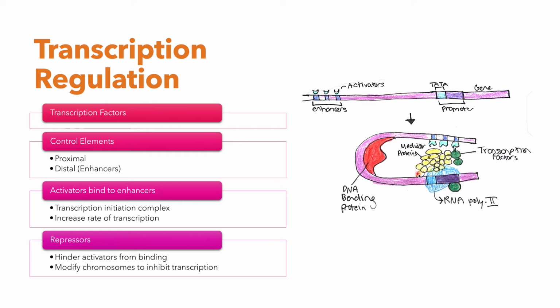This group of proteins assembled on the promoter is called the transcription initiation complex, and it increases the rate of transcription, thereby enhancing expression of those genes. Transcription factors also include repressors, which block gene expression. Repressors usually act by hindering activators from binding to control elements or affecting chromosome structure.